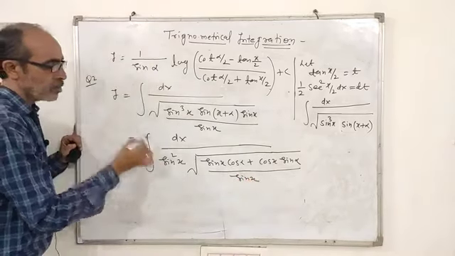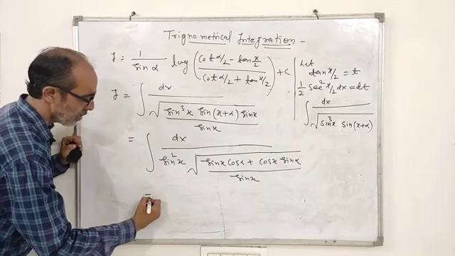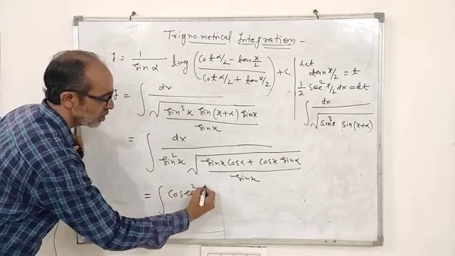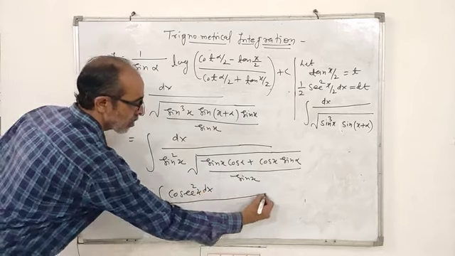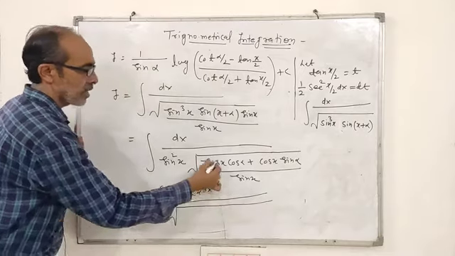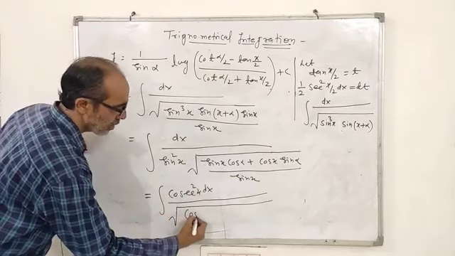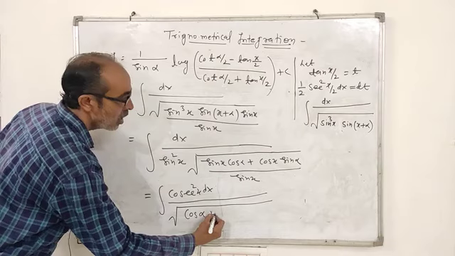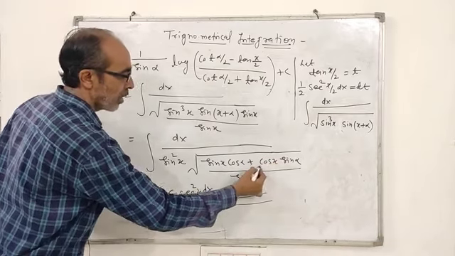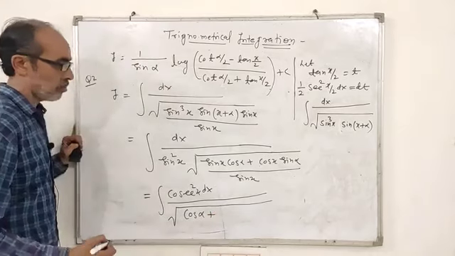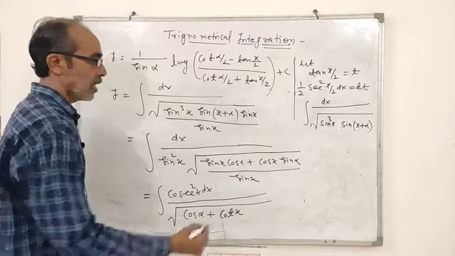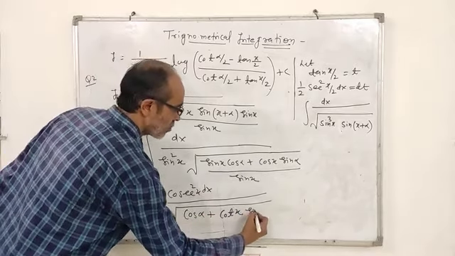Here 1 upon sin square x is cosec square x dx, and in the denominator the term sin x is cancelled. So we write cos alpha plus cos x divided by sin x, which is cot x, multiplied with sin alpha.